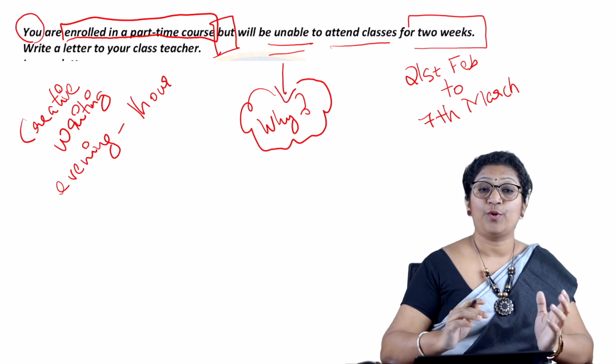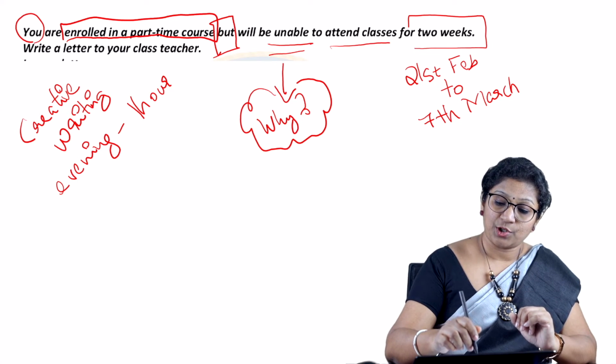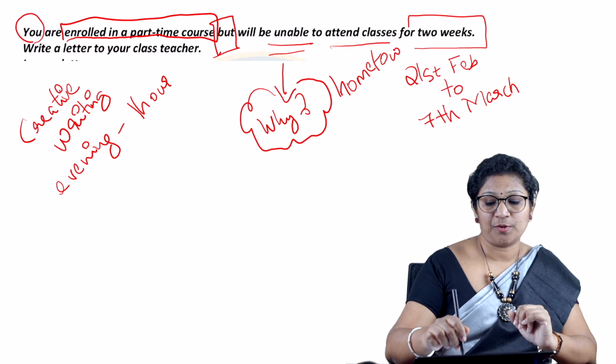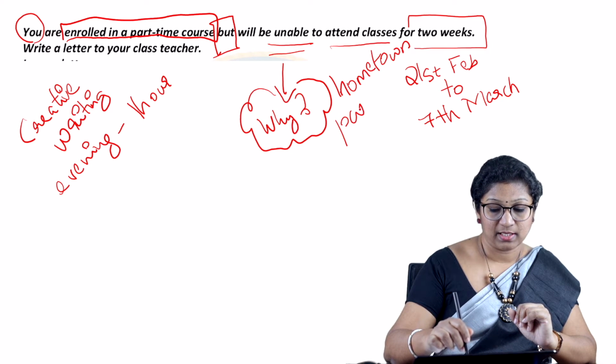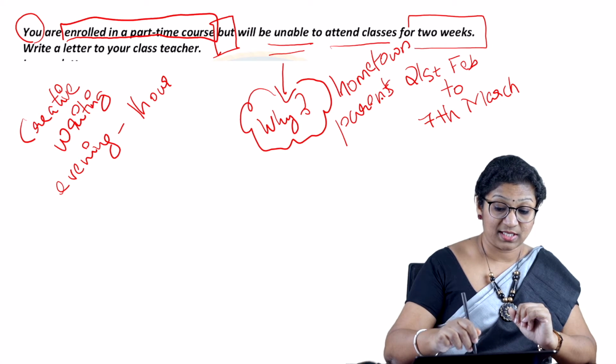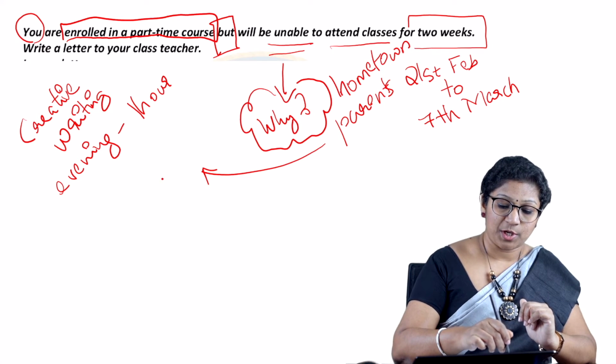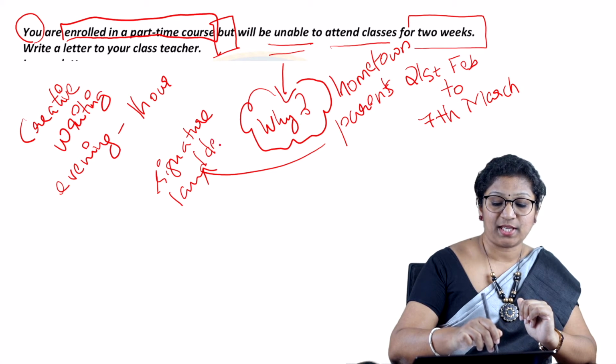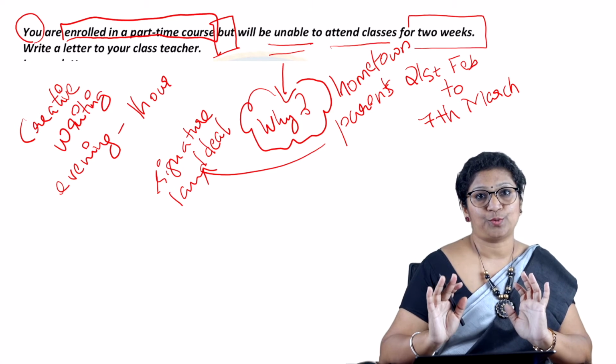So maybe you can think of going out of town, maybe going back to your hometown. Okay, so going back to your parents. Now they need some kind of assistance. Okay, maybe your signature is required, or it could be a land deal. Okay, so you create a story there. Why you have to stay away for 2 weeks.